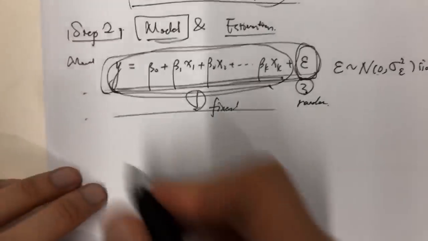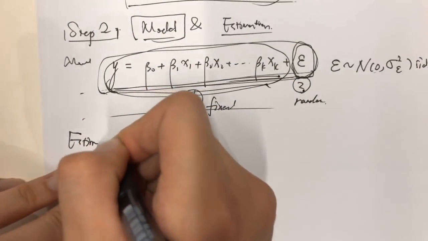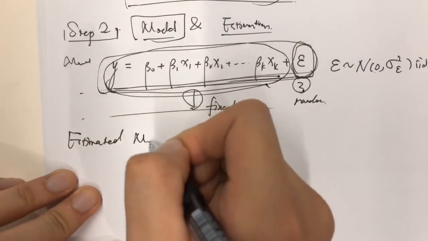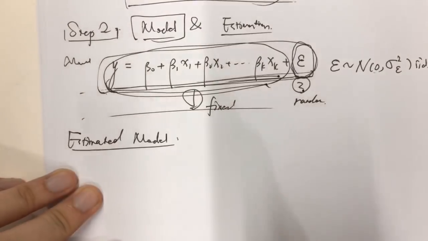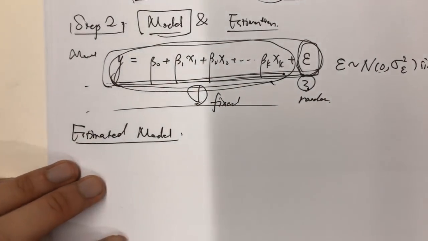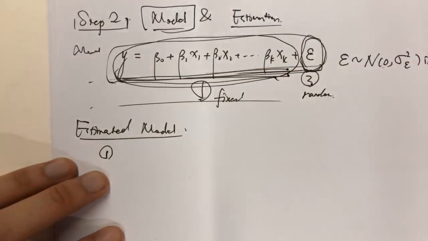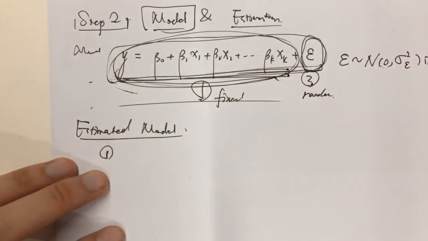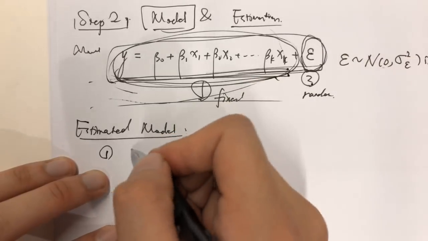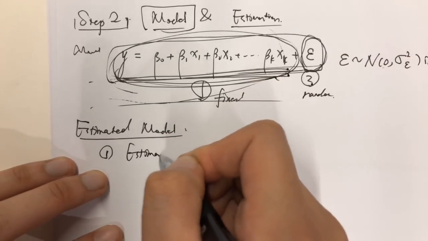Now, for the estimated model, it's going to have 2 parts again. One part is the estimated equation, which is the estimation of the fixed straight line.